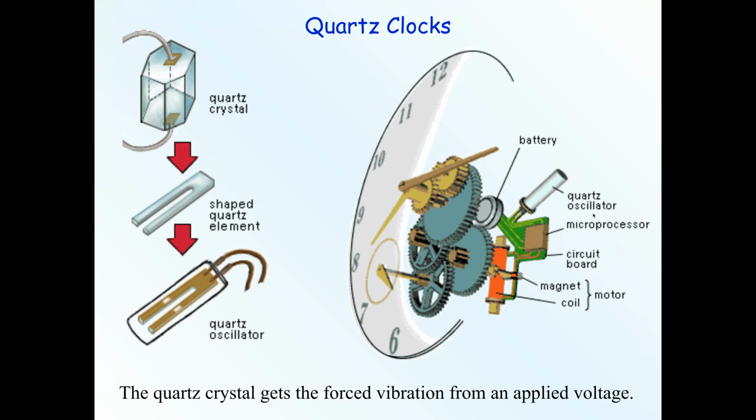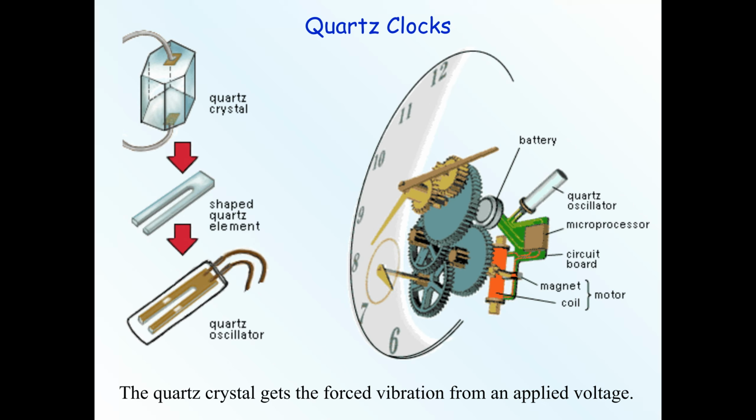Quartz clocks. The original clocks were pendulum clocks, and they had different types of weights in them. Now we aren't going to put a pendulum in our wristwatch and have it move inside. Instead, what we have are quartz watches.